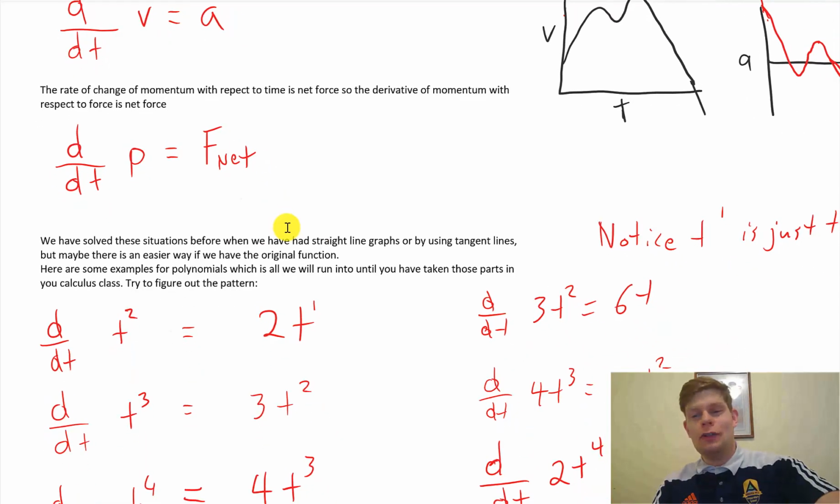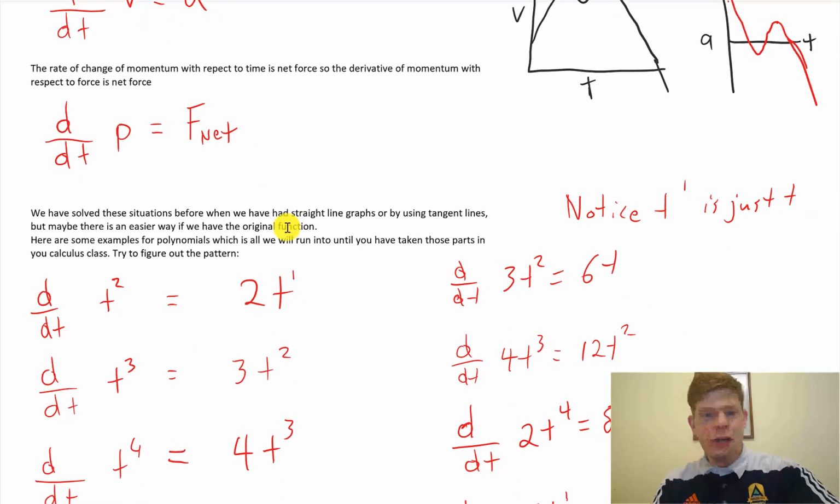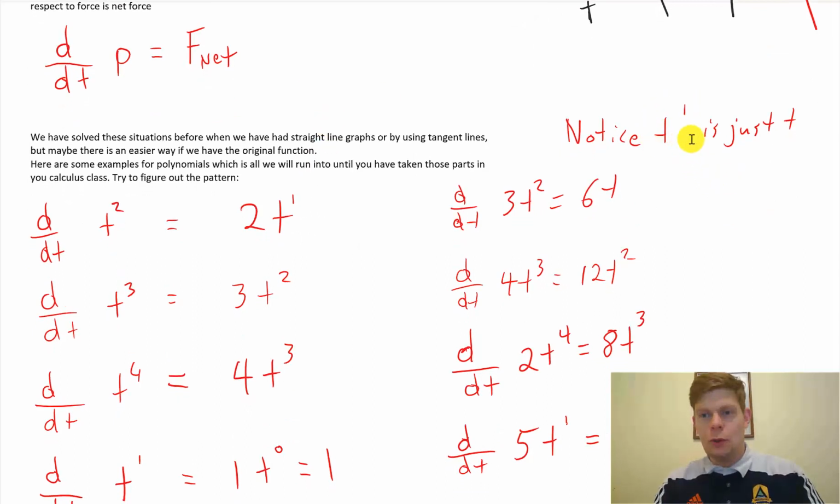And I bet you can figure it out. And if you can't, just watch the next video. I'm using t to the 1 for t because it might be relevant to realize that if you've got some variable and it has no noticeable exponent, secretly it's to the exponent 1.